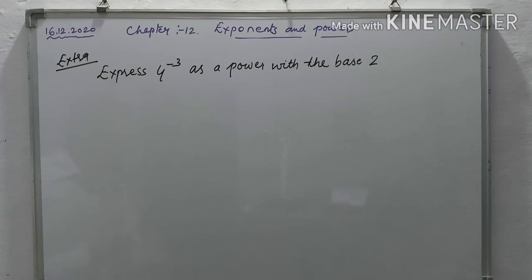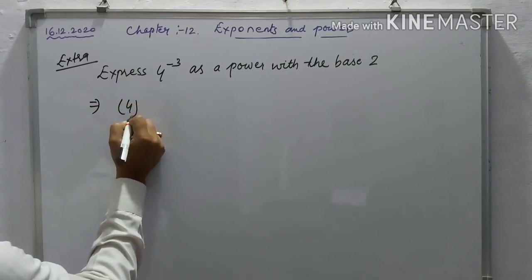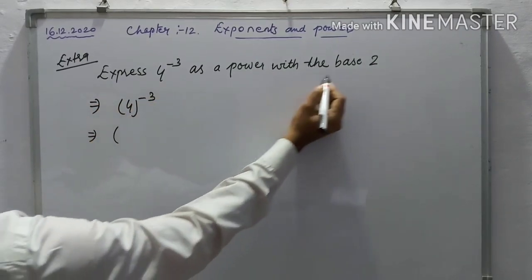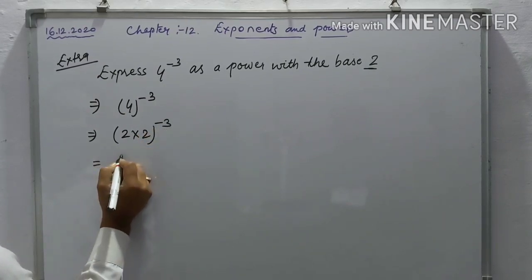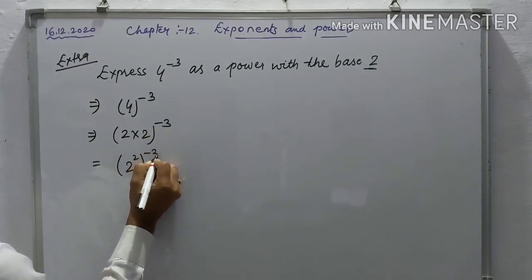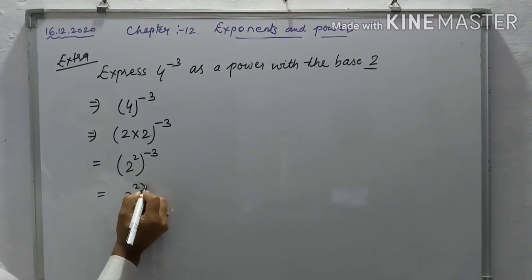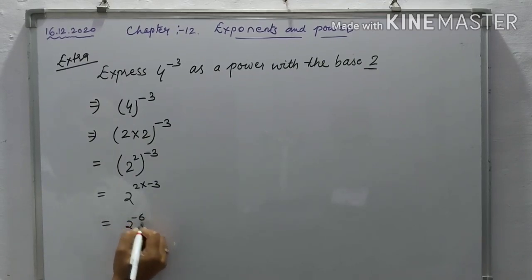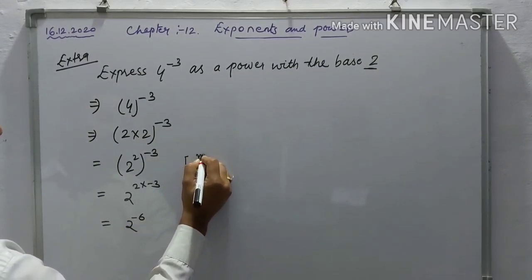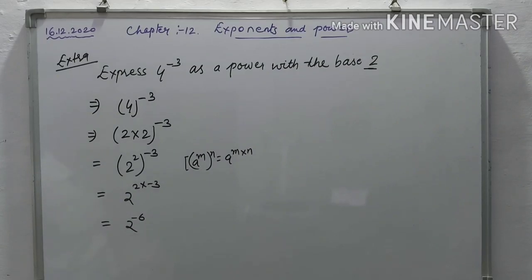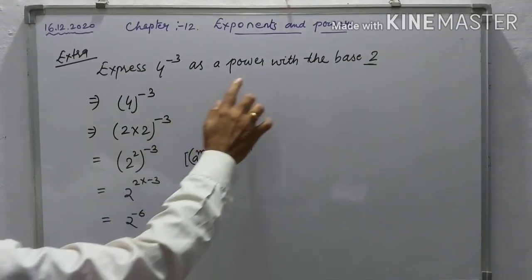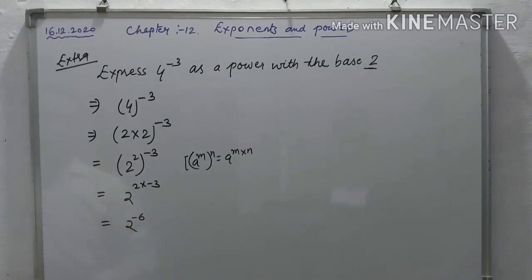So we write 4^(-3). We change 4 to 2 form: (2×2)^(-3) = (2^2)^(-3) = 2^(2×(-3)) = 2^(-6). Here we use (a^m)^n = a^(m×n). So here the base is 2 and the power is -6. The question asks for a base of 2, so the base is 2.